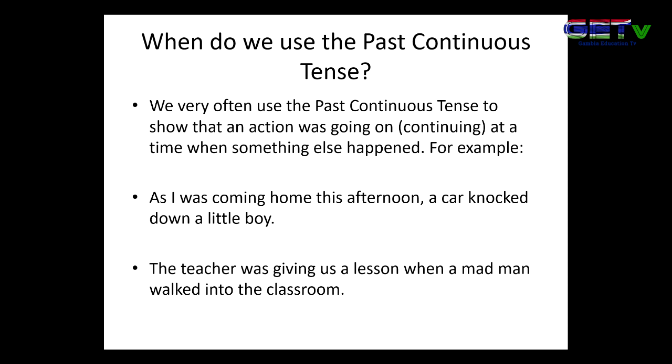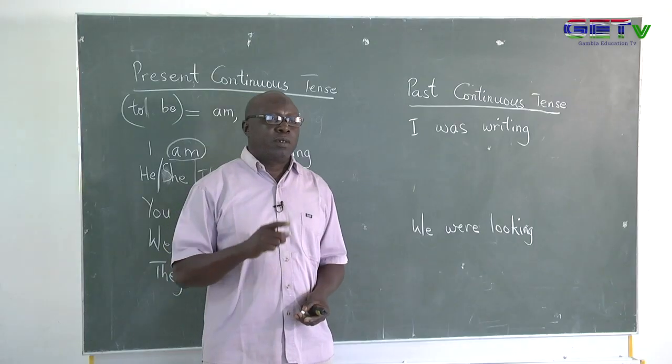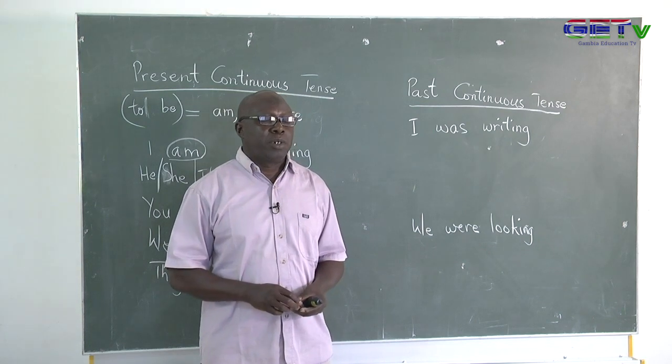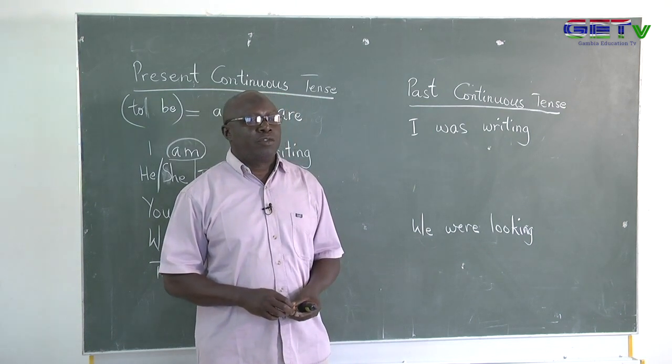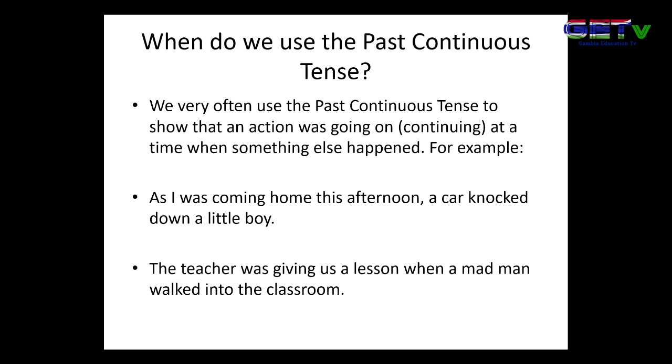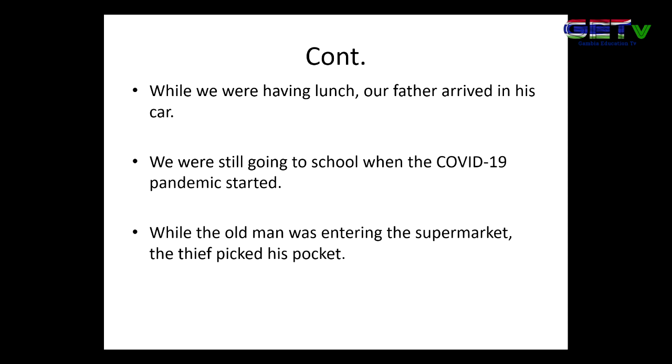So I'm in the middle and the action was in progress. The action was going on. So it was in the past, but happening, and then something else happened in addition. That is the car knocking the boy down. So that action becomes simple past, and the other one that was going on before becomes the past continuous form.